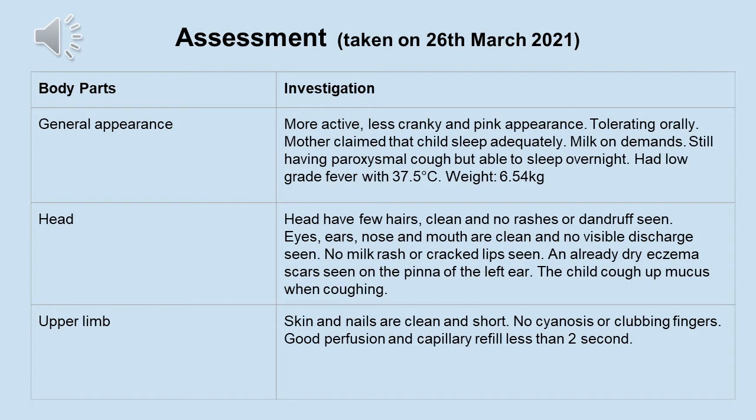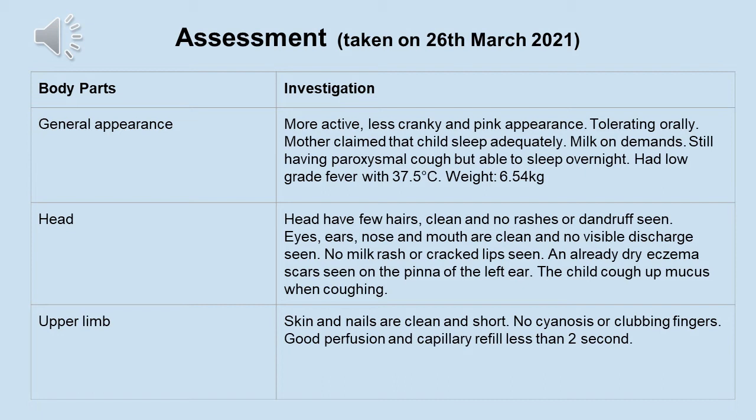She was given milk on demand, a mixed feeding, and she was still having paroxysmal cough but able to sleep overnight. She had a low-grade fever of 37.5 degrees Celsius, and her weight at the time was 6.54 kilograms.